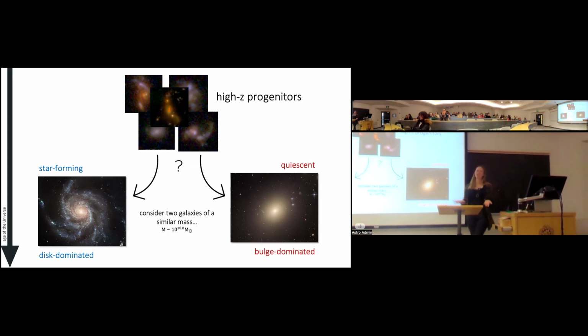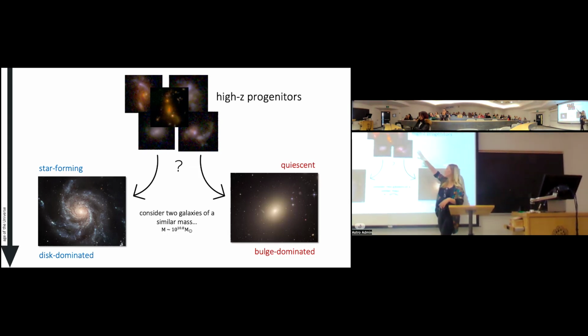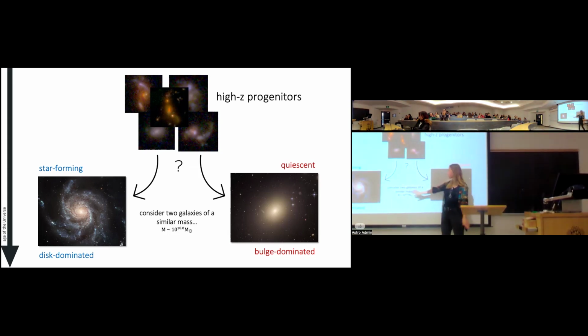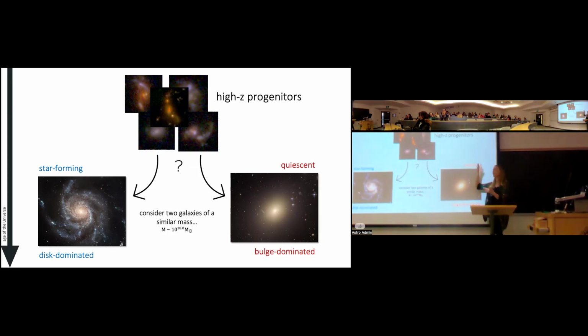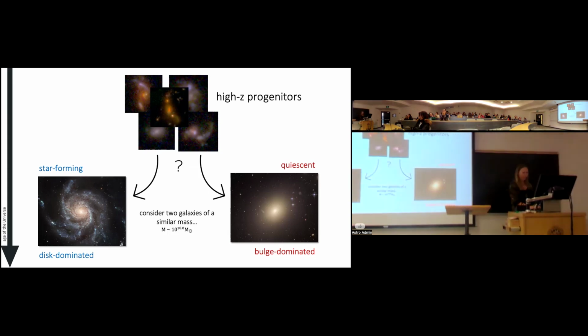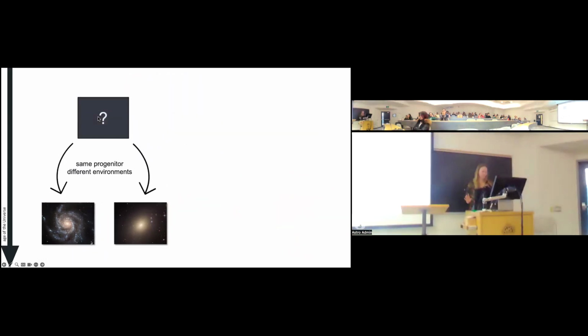So then the question you should ask yourself is, how come some galaxies that started off as one of these blobs at high redshift end up, at this mass today, as star-forming disks and some of them as quiescent early types?